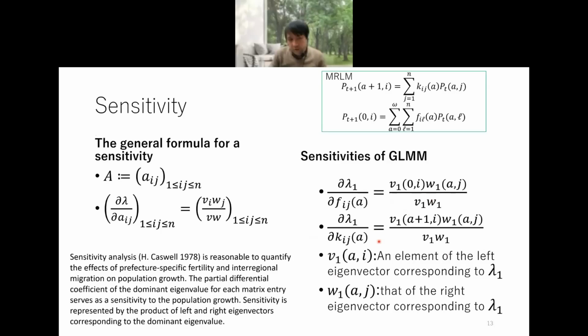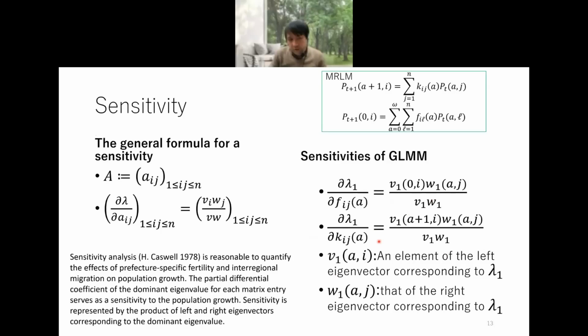So we want to know which partial differential coefficient is larger than the other parameters.